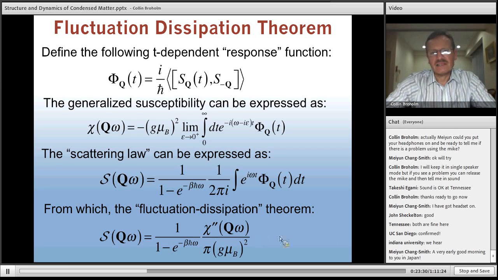So in a sense, there's a certain logic in S of Q and omega being related to the absorptive part of the susceptibility, because as we know, S of Q and omega itself relates to inelastic processes that transfer energy to or from the sample in the process of scattering. So there you have the expression.